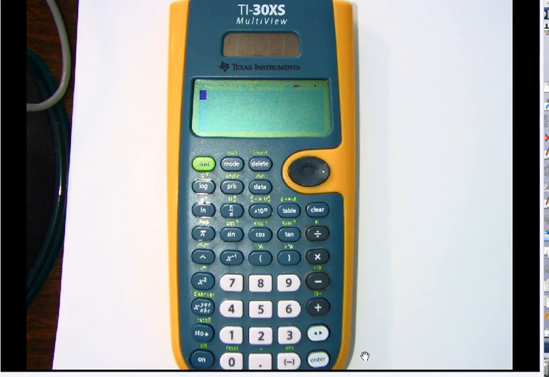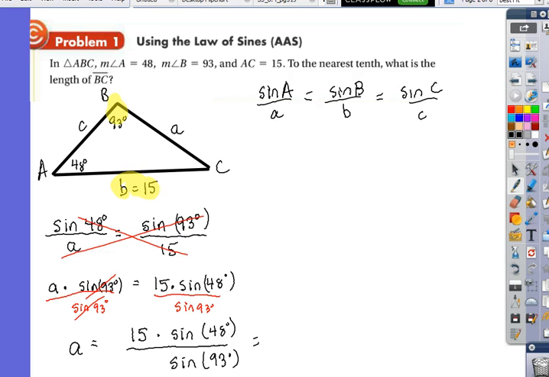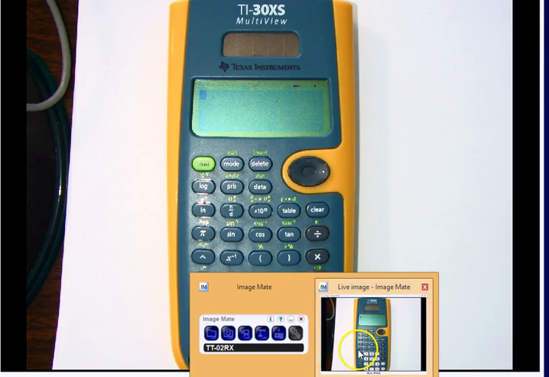And if you don't close that parentheses, then everything after that first parentheses is being taken the sine of. So I don't want to accidentally take the sine of 48 times the sine of 93. I want to take the sine of 48 first, be completely done with that, and then take the sine of 93 after I've divided. So I'm going to be careful about how I enter it on my calculator.